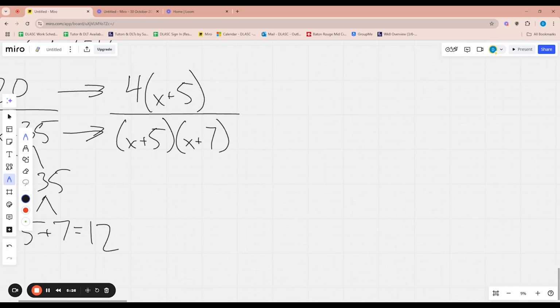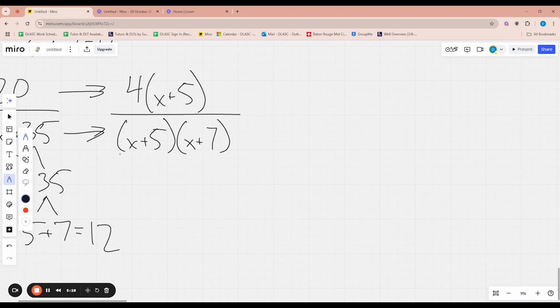So now that we have this expression right here, it can be used to determine where the function is undefined. What we define in mathematics as undefined is wherever there is no value, wherever we can't compute that value.